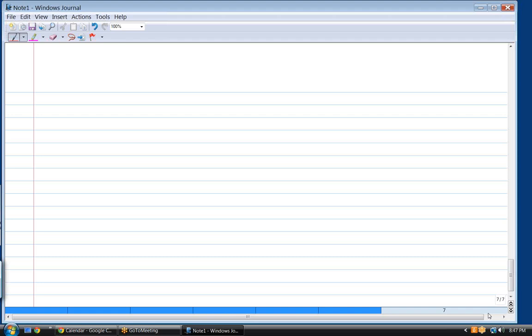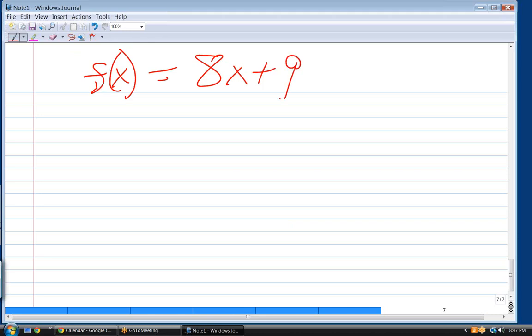What else you got? Okay. It says find the inverse of f of x equals 8x plus 9. First thing to know is that f of x is the same as y. There's 2 things you have to do to find the inverse.